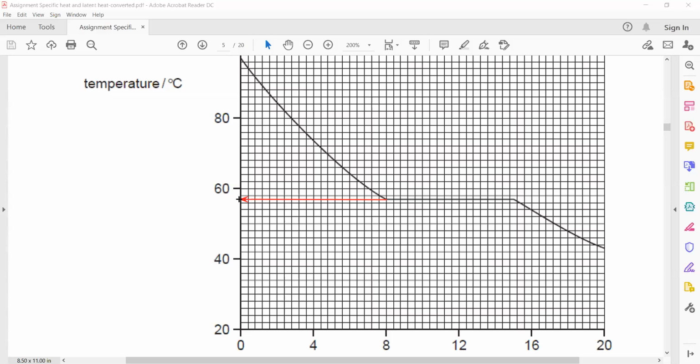So when you work it out, each box stands for 2. So this is 42, 44, 46, 48, 50, 52, 54, 56. So this was 56, and this is 58. It is between 56 and 58, so that's why it is 57.